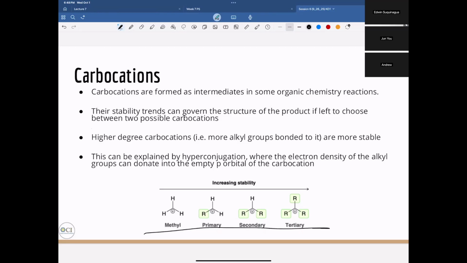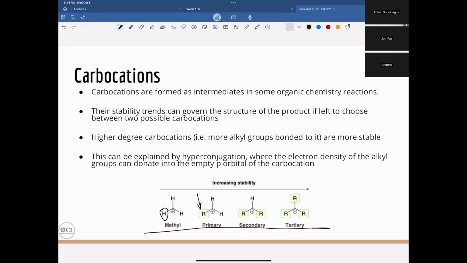We see that the carbocation with a positive charge and 3 hydrogen groups is going to be a methyl carbocation. If one of the hydrogens is substituted with an alkyl group or an R group, that's going to be a primary carbocation. If there's two of them, that's going to be secondary. If there's three of them, it's going to be a tertiary, right?